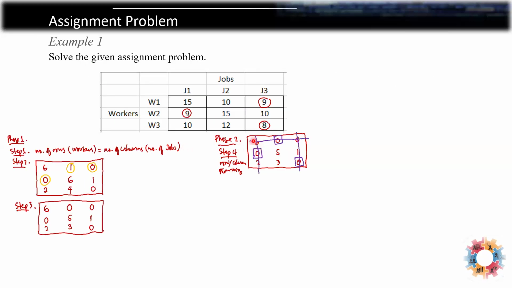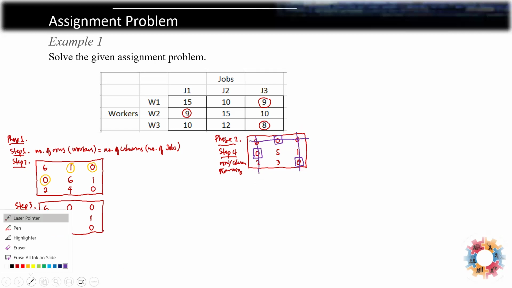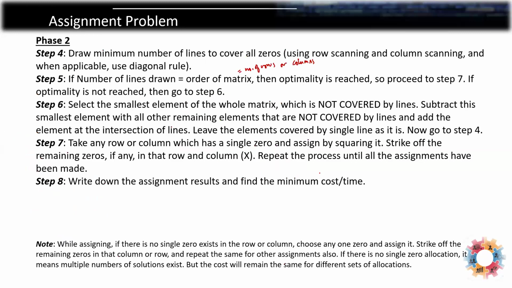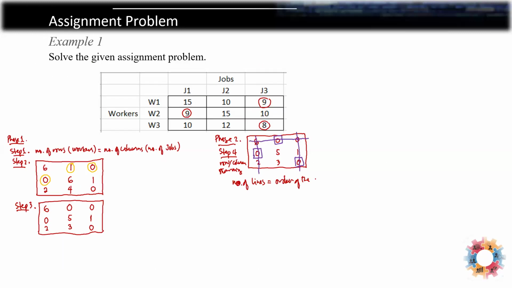How many lines are drawn? We have 2 vertical lines and 1 horizontal line. So that's equal to 3, right? So in this case, the number of lines is equal to the order of the matrix.